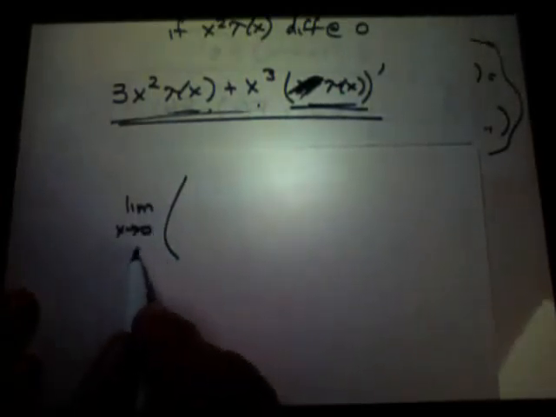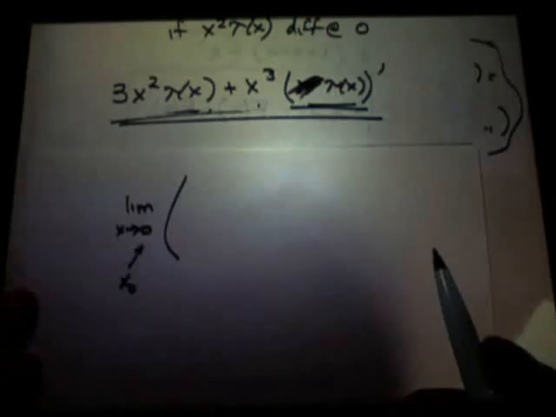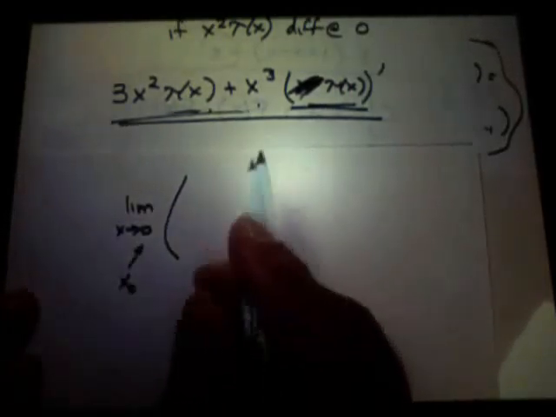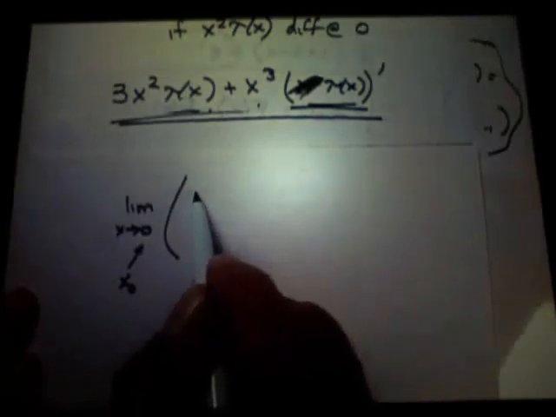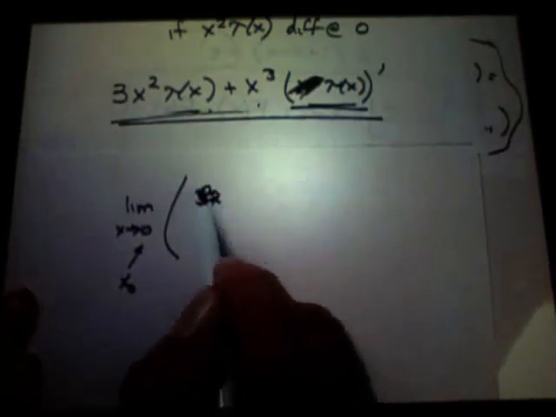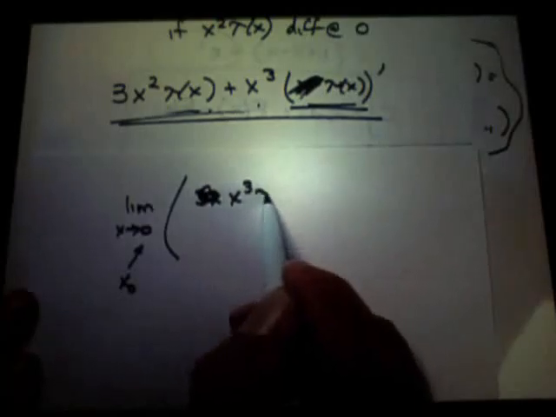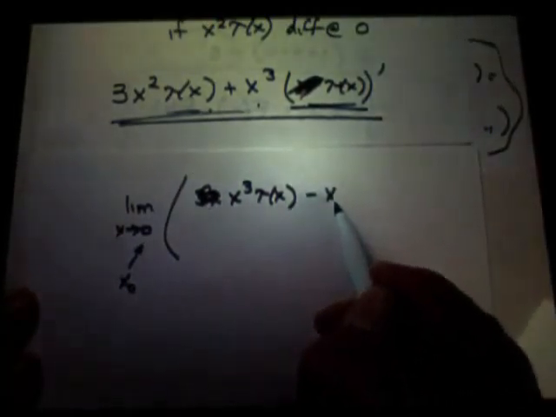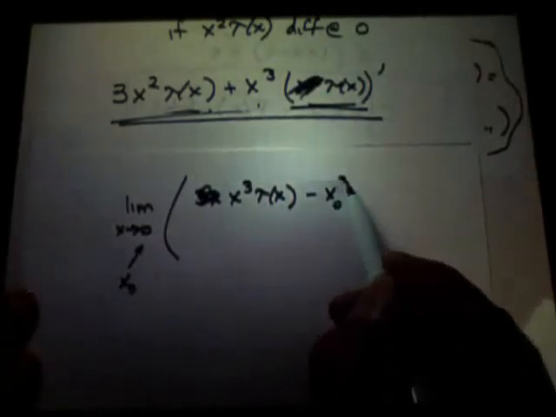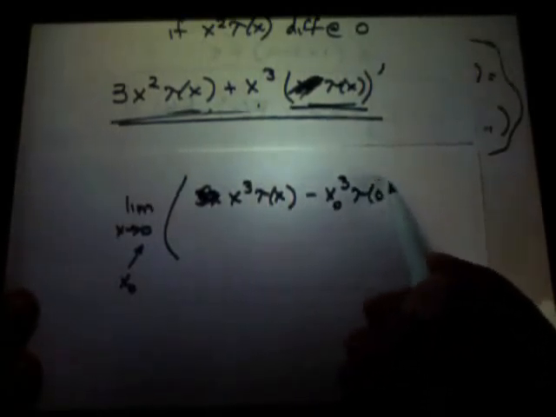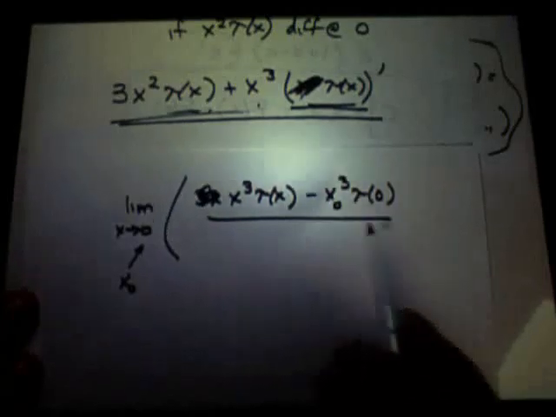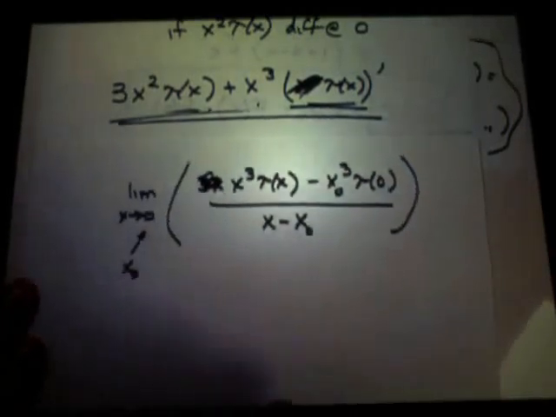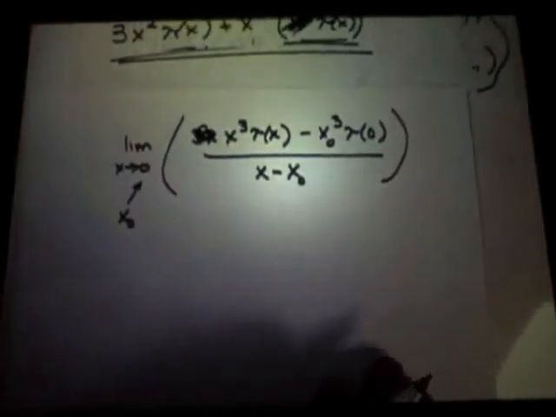This is the point x naught. So what I'm going to do is write x cubed tau of x minus x sub 0 cubed tau of 0, over x minus x 0. Okay? And fill in the blanks.